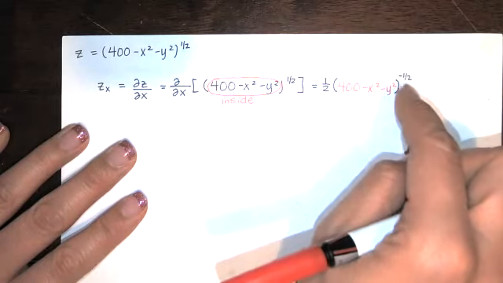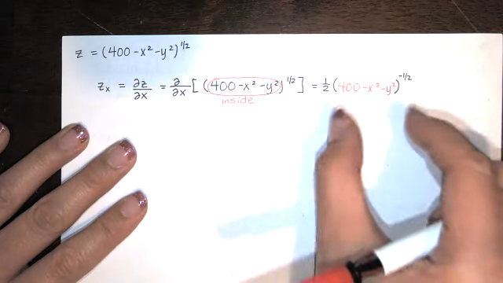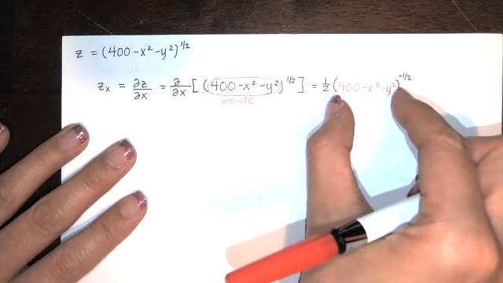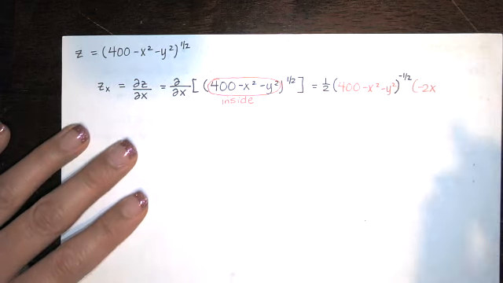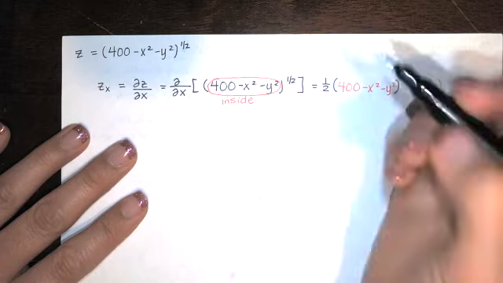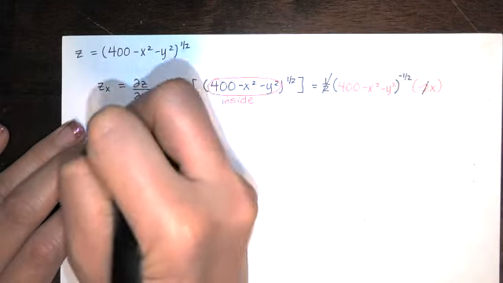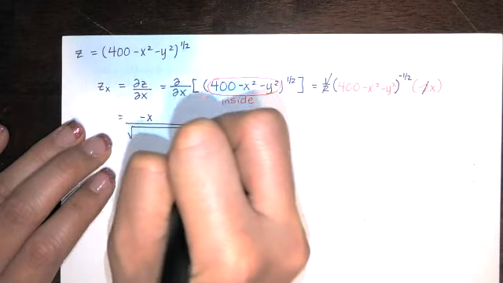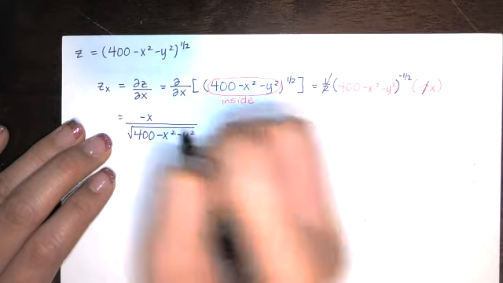Don't change it. Then take the derivative of the inside and multiply by that. The derivative of the inside with respect to x, treating y as a constant, is just negative 2x. And the 1/2 and the 2 reduce. We end up with a negative x over the square root of 400 minus x squared minus y squared.